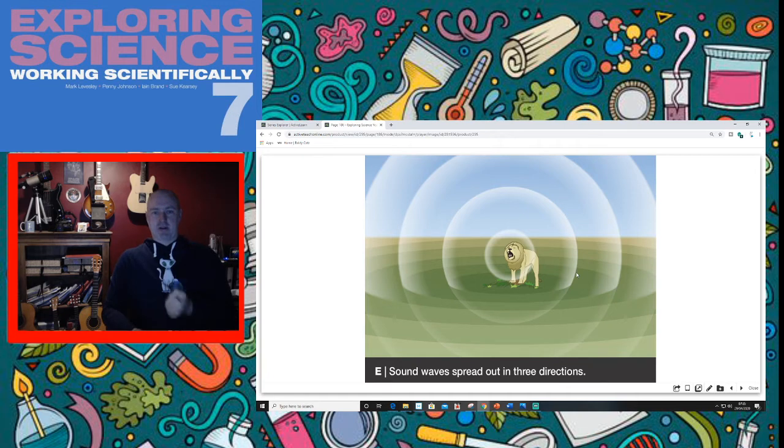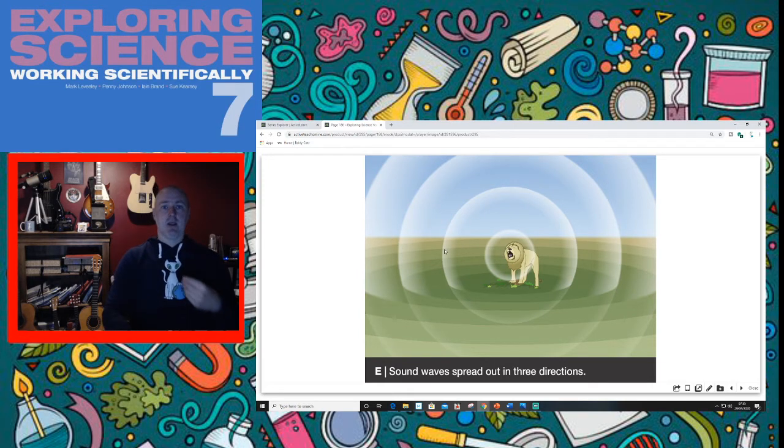Now it's very, very difficult to draw the particles and the areas of high pressure and low pressure when we're representing the waves spreading out like that. So we tend to cop out a little bit in our diagrams, and we just draw the sound as circles coming from the source. What I want you to understand though is, if we look at the distance between this circle and this circle, so this is one sound wave, this is another, it's exactly the same as the distance between this, and it's the same between this and this.